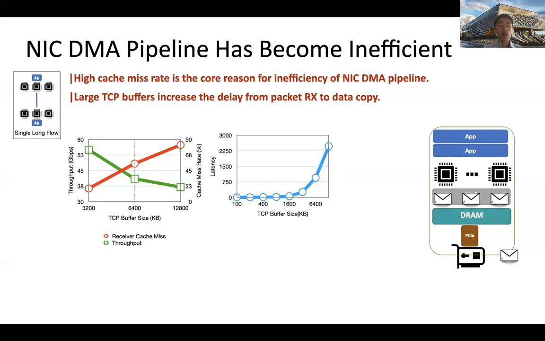However, since the packet processing latency is high, by the time the copy starts, the NIC has already overwritten packets in the cache. As a result, data copy experiences high cache miss rate and the overall throughput per core reduces.